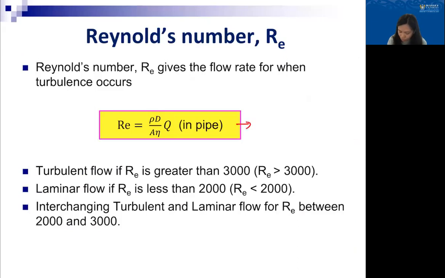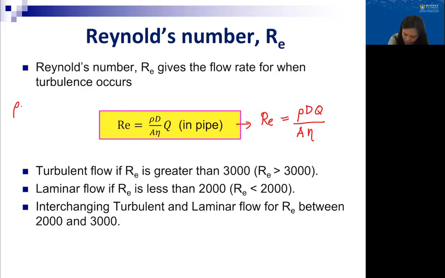If it's easier for you, you can also write down the Reynolds number as density times diameter times flow rate divided by the area times the viscosity. So I'm just checking if I should have a slide with the definition.